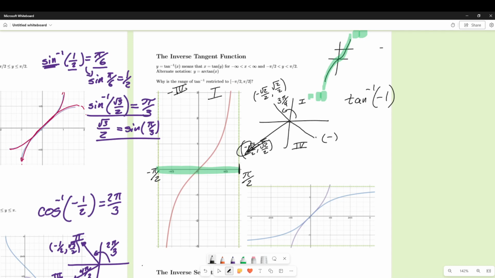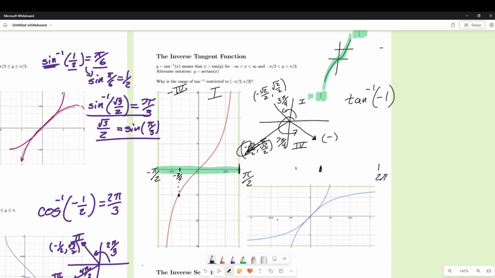So we have to be down here in quadrant 4. But again, we can't use the 7 pi over 4. 7 pi over 4, it's pi over 2 pi. 2 pi's about here. So 7 pi over 4 is way out here. It's way outside of this restriction. But over here at negative pi over 4, we will get a negative 1.